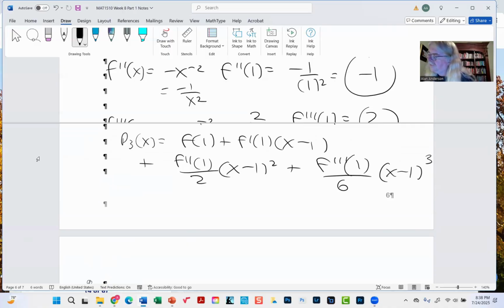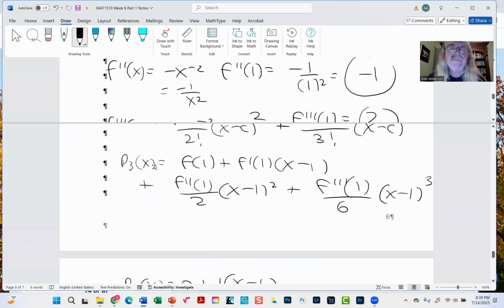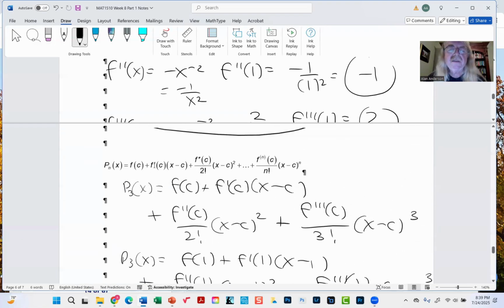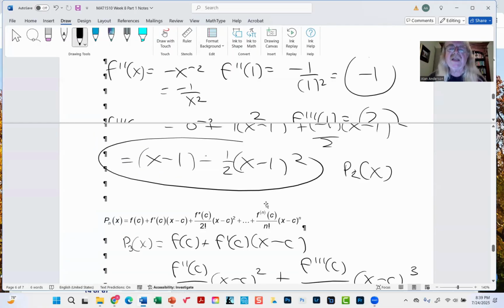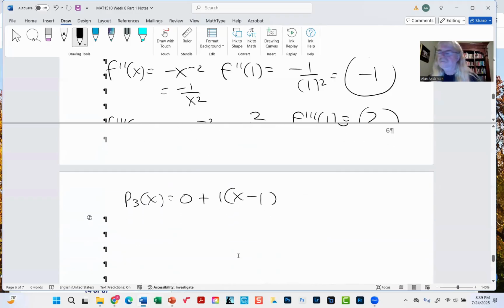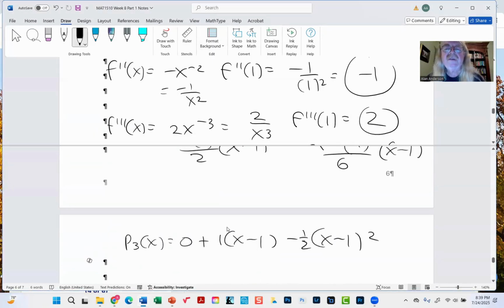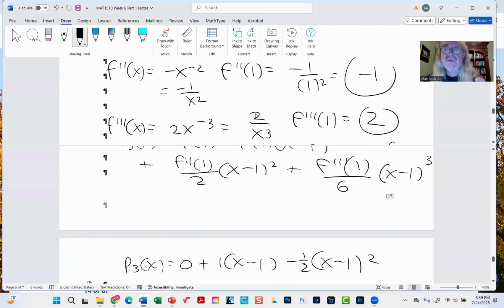So we're going to have 0 plus 1. So again, this replicates what we just did a few minutes ago. Then we had, there's no point in recalculating these. It's minus 1/2 x minus 1 squared. It's the new term that we have to watch out for. So what is that equal to? We have the third derivative of f evaluated at 1, which is 2, 2 over 6, which is 1/3.